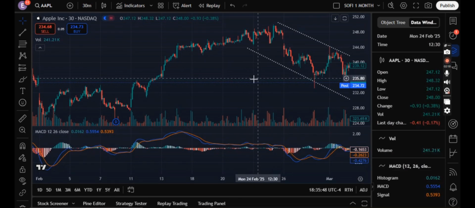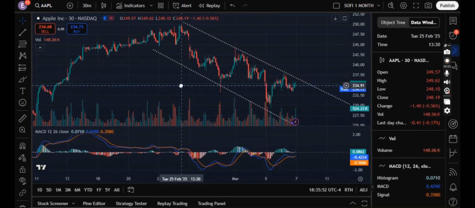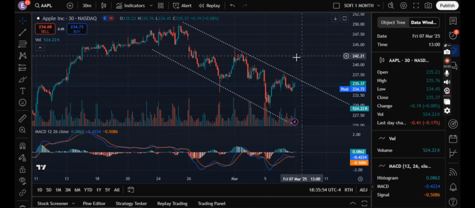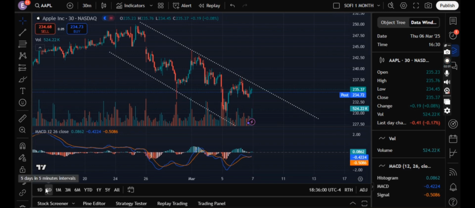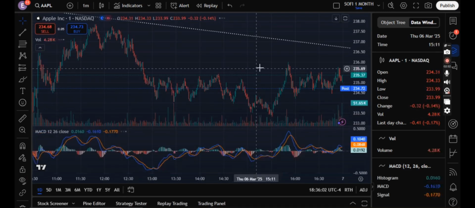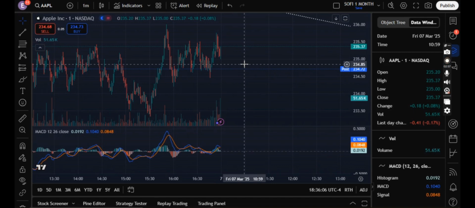Now when I'm trading, and we will talk about this in future videos and probably later on in this video, I look at the 1-day chart, because it's most accurate, it's less risky.